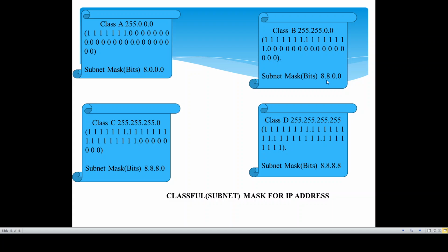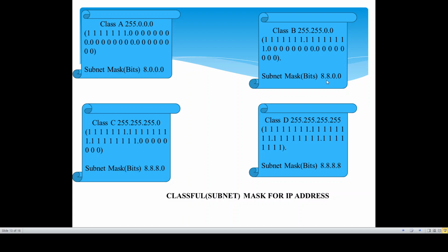For class B, 2 times 255 will be there. So 16 bits will be 1 and the other balance 16 will be 0. So subnet mask will be /16. For class C, 3 times 255, 255.255.255.0. So 3 times 8, 8 plus 8 plus 8, so subnet mask will be /24.